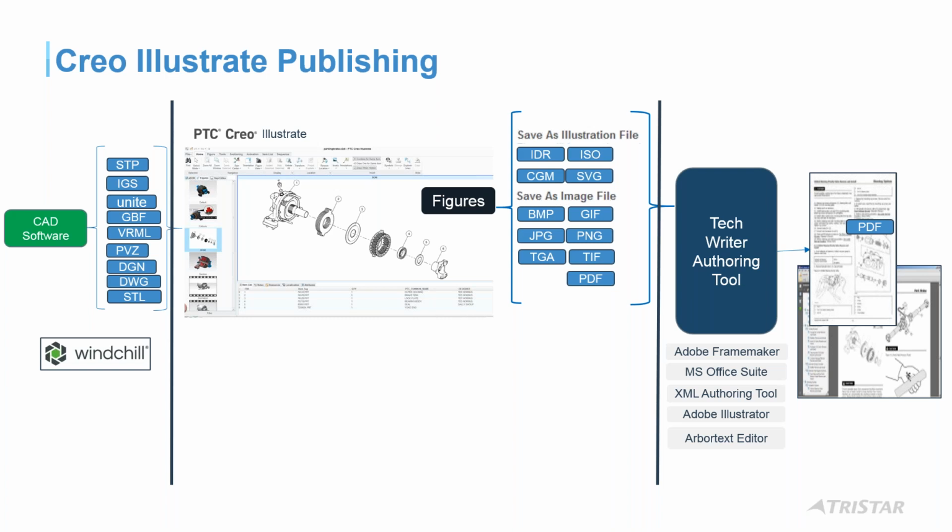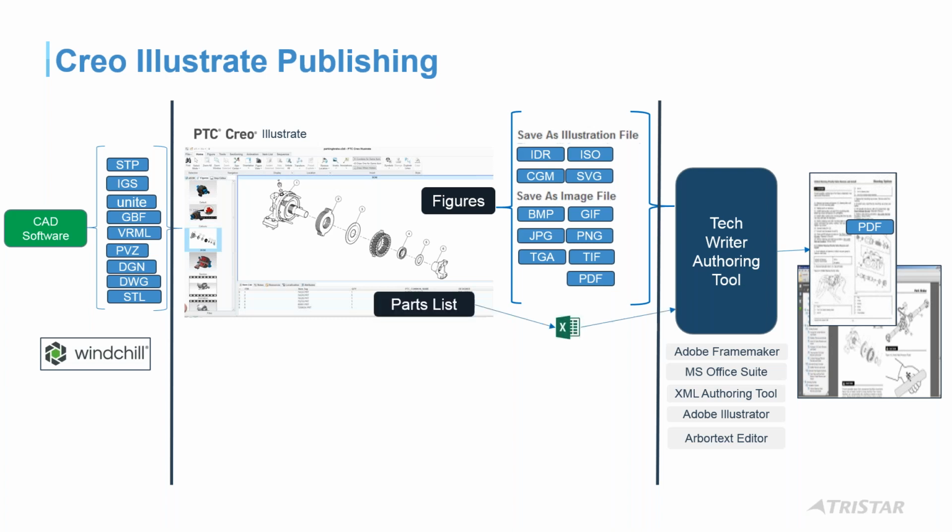You can have different formats published out of your figures as an automated publish. And if you're connected to Windchill, there is an Illustrate publisher that's now available on the server. So as users are uploading their illustrations, it can start outputting these automatically for them.